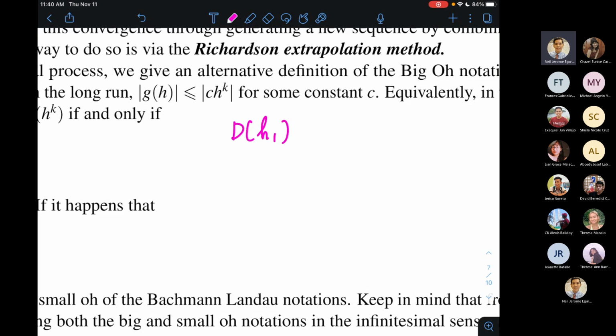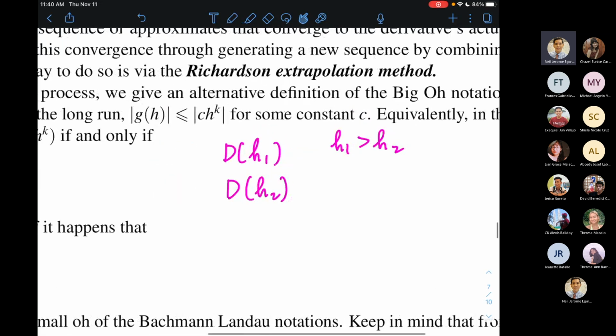Then you can choose a smaller step size, call it h2, and get another estimate. In an ideal computing device, if h1 is larger than h2, then the approximation we get from h2 should be better, because as h gets smaller, the approximation of the derivative should keep getting better.